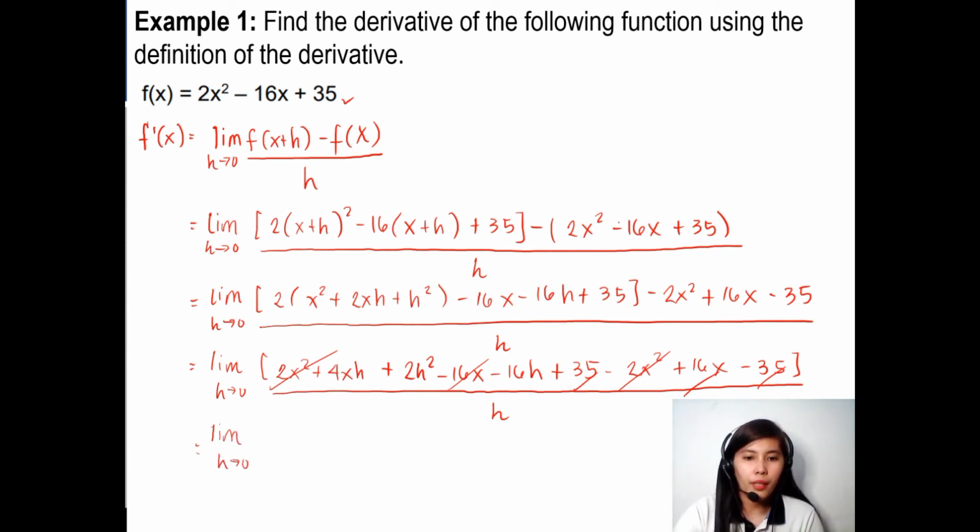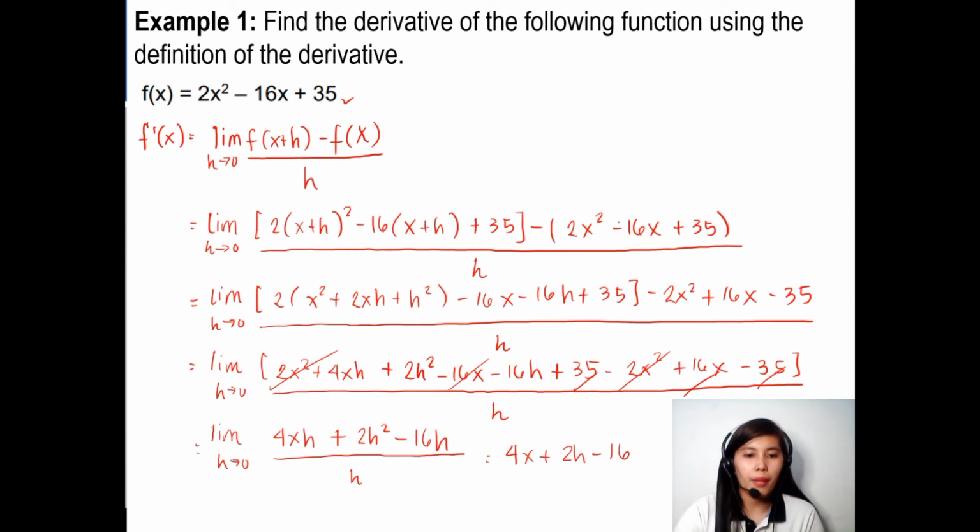We have 4xh plus 2h squared minus 16h, all over h, that will be 4x plus 2h minus 16.